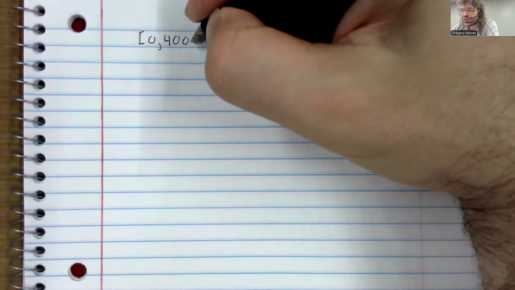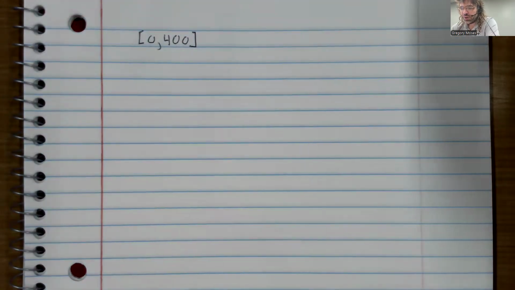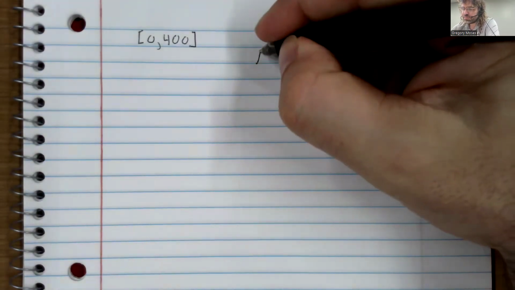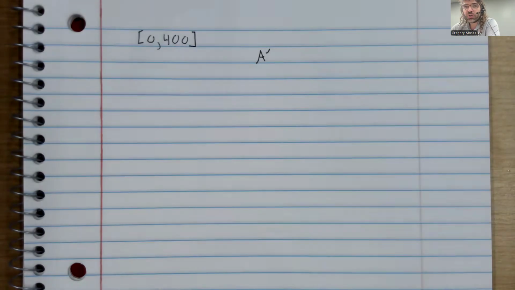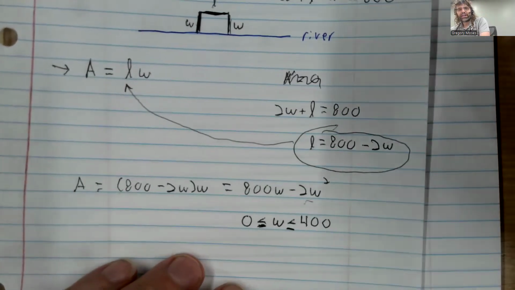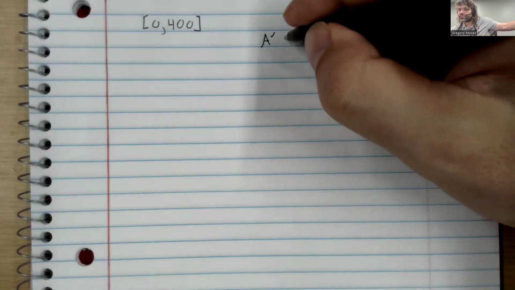So, to find an absolute extrema on a closed interval, we take the derivative and we set it equal to 0. We find the critical values. The derivative is 800 minus 4W.